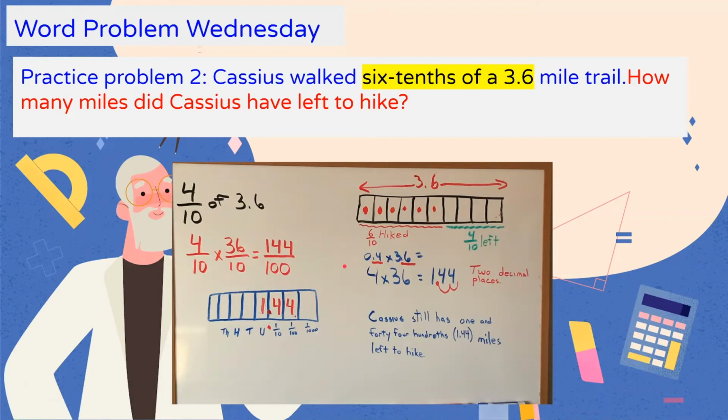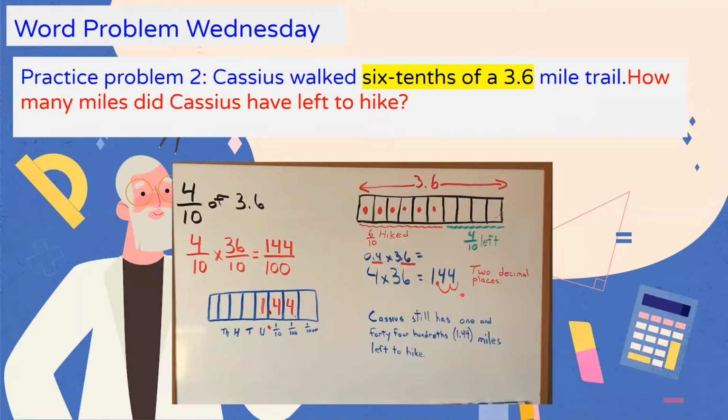But let's check using my other shortcut method. We know 4/10 multiplied by 3.6 or 3 6/10 is the same. What are our whole units? 4 and 36. 4 times 36 is 144. We can count our decimal places, 1, 2.